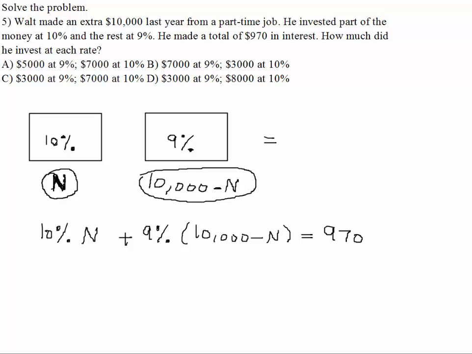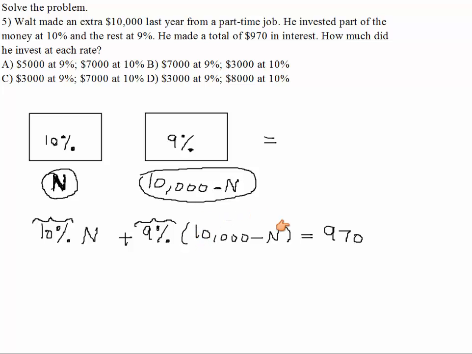I do have a question. Yes. Okay. So in the parentheses, when we're subtracting 10,000 minus N, N would be the amount that we're multiplying times the 10%. So do we not also need that 10% to be in the parentheses with the N, or no?